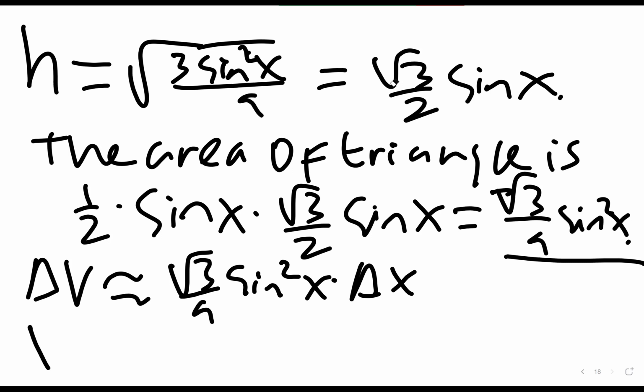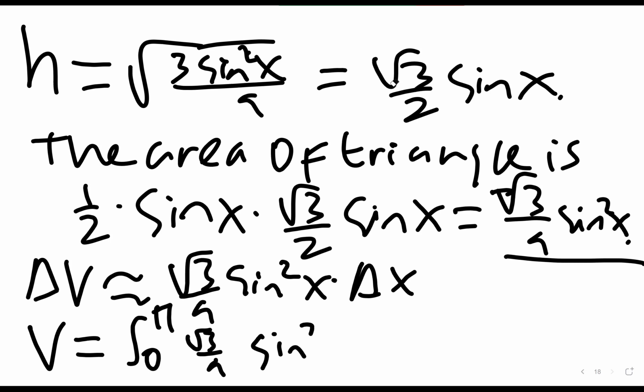Of course, take the summation and then the limit. Then the integral is written as the integral from 0 until pi of square root of 3/4 sine squared x dx. Of course, you have to calculate the integral. All right. Any question or comment so far?